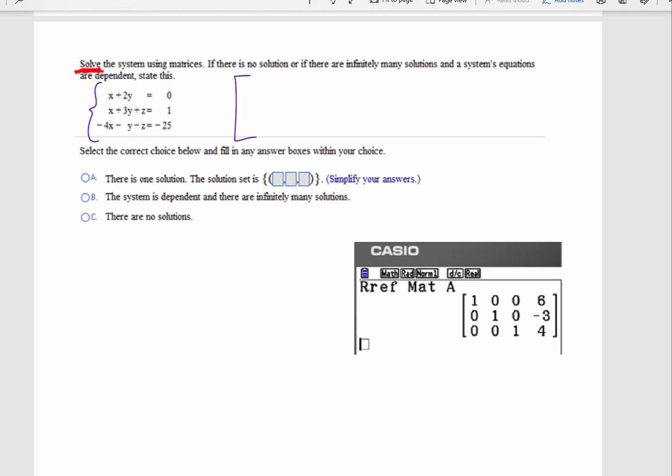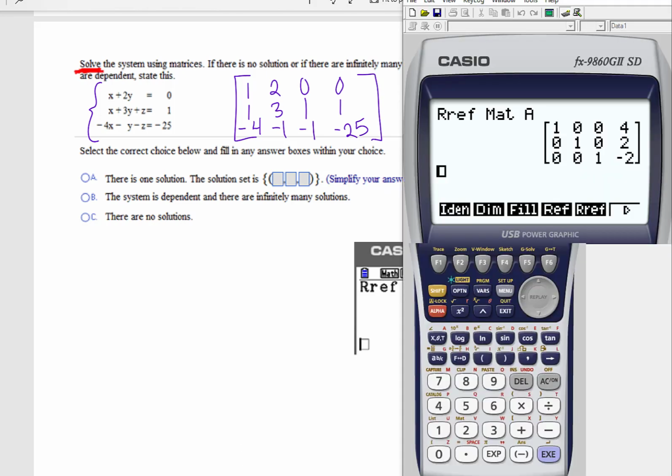So this is what I'm going to enter in. 1x, 2y, 0z equals 0. 1x, 3y, 1z equals 1. Negative 4x, negative 1y, negative 1z equals negative 25. Okay, take it to our calculator. Let's exit out of this.